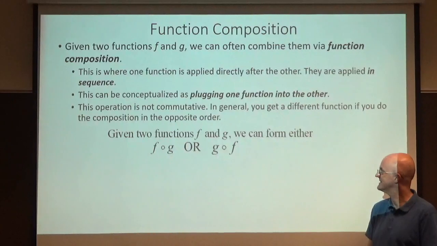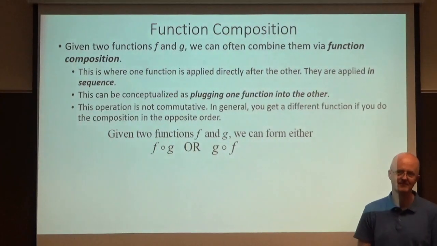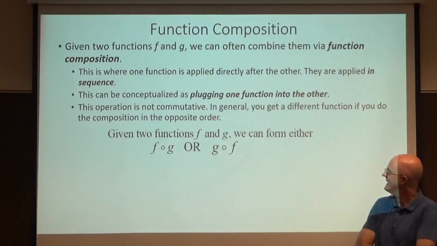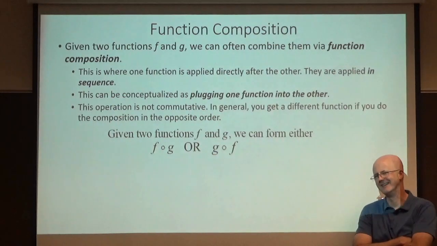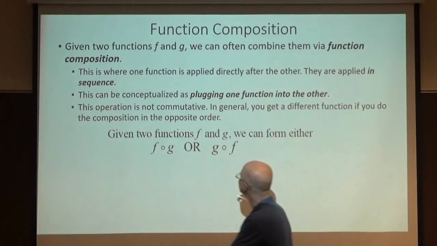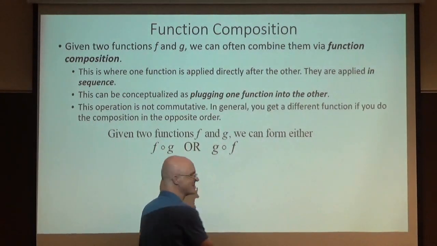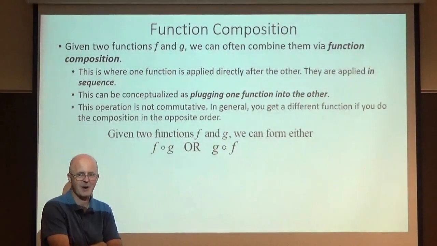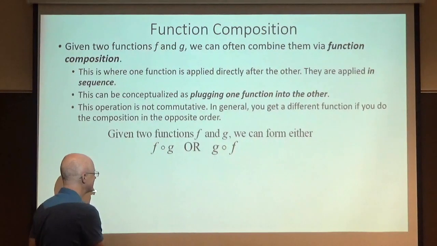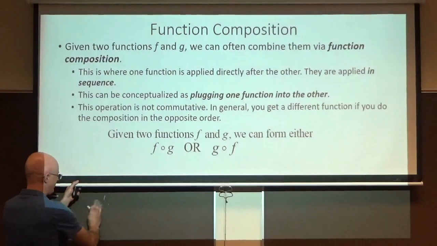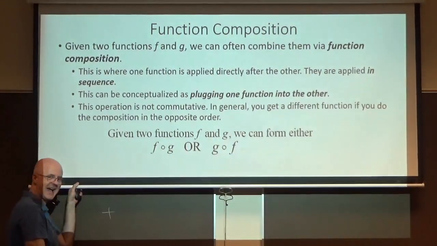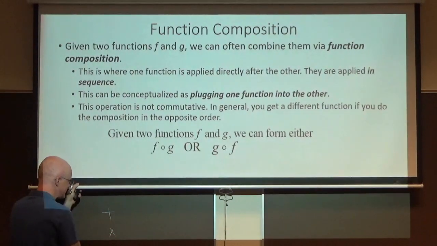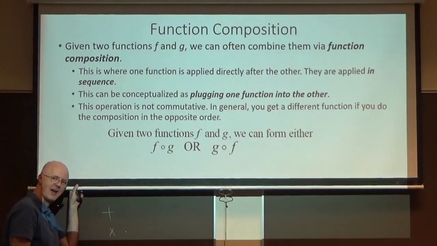The circle is not an O. It's also not really a circle. Wait a minute. You're telling me that's not a circle? It sure looks like a circle. It's really just a symbol that represents the operation, just like plus represents adding and times, X or a dot, represents multiplying.